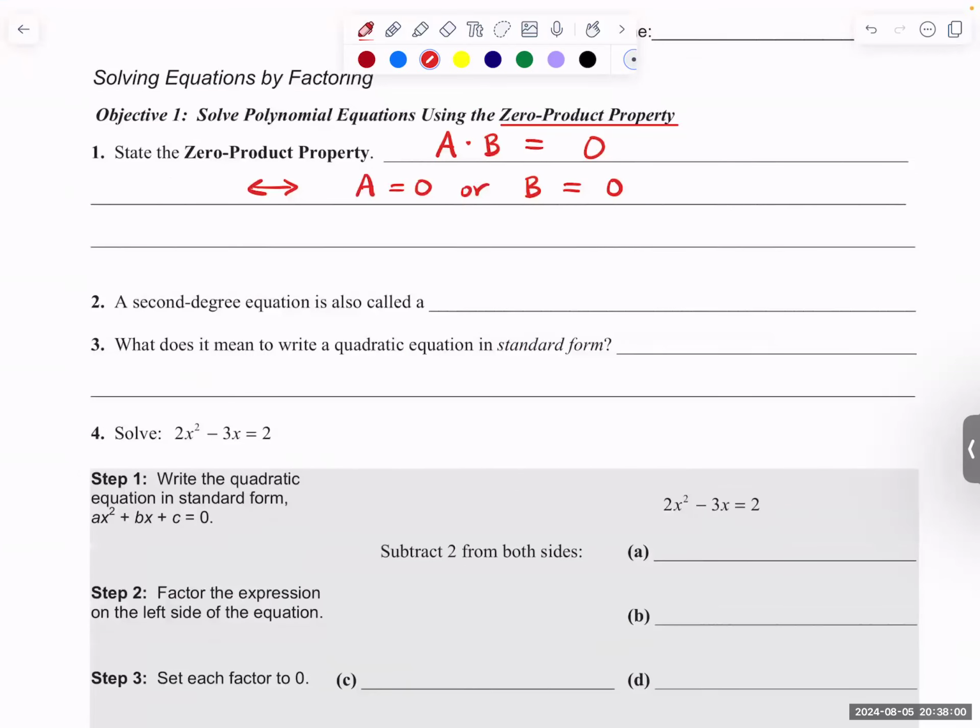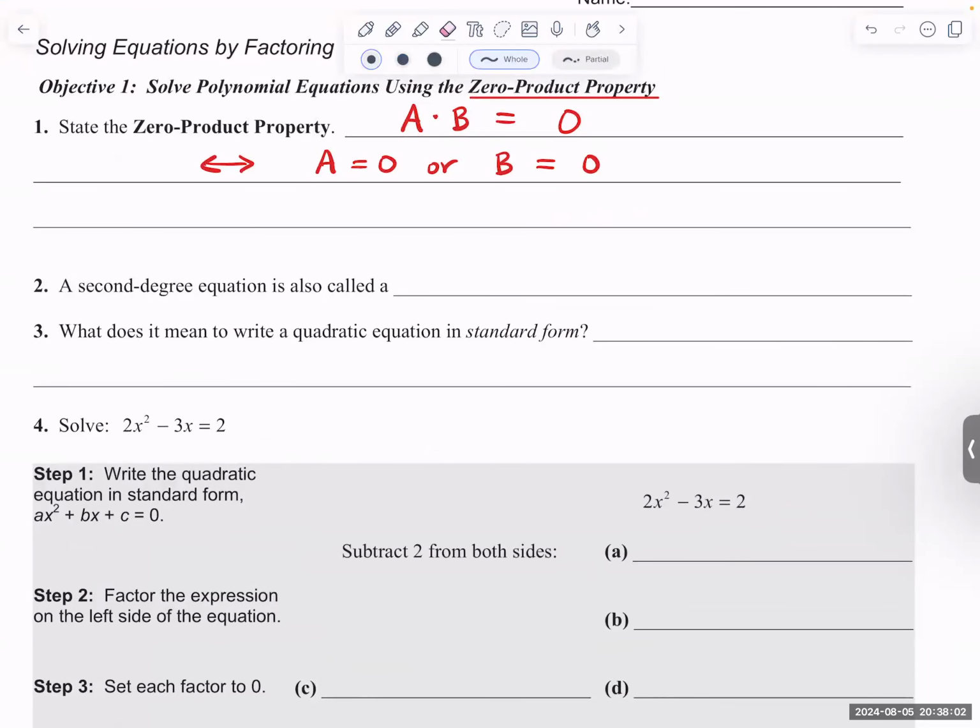A second degree equation is also called a quadratic equation. And a quadratic equation will have a first term or leading term, ax squared. So a is the leading coefficient. Exponent is 2. This is the quadratic term or the leading term.